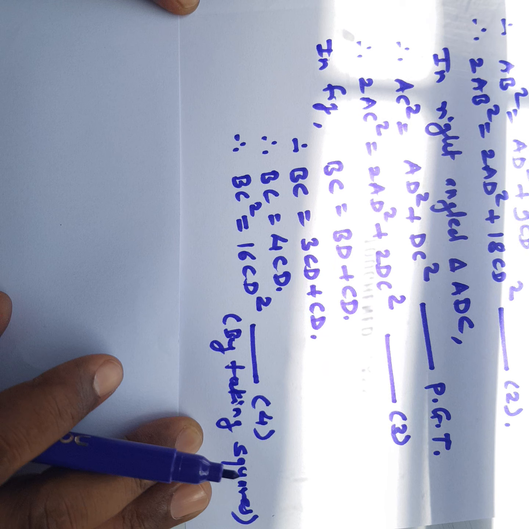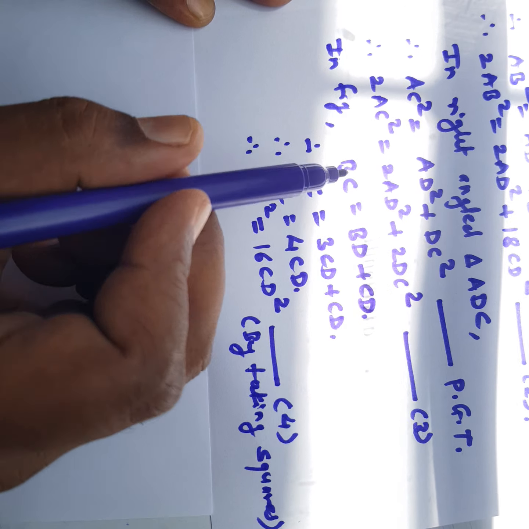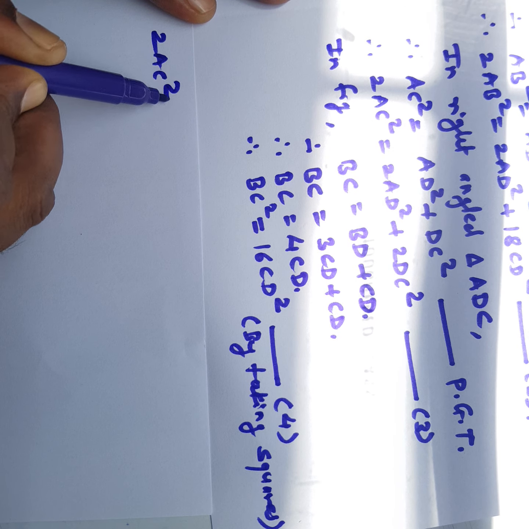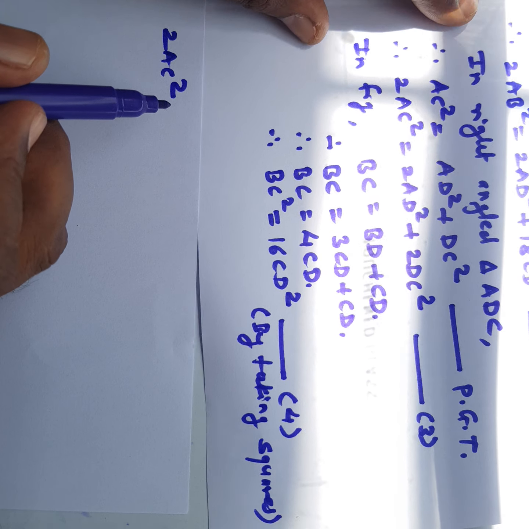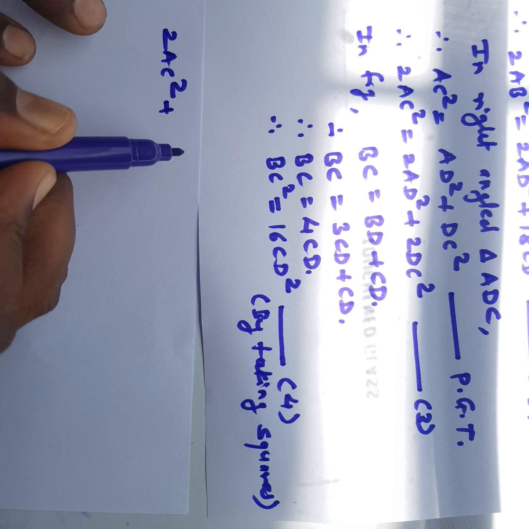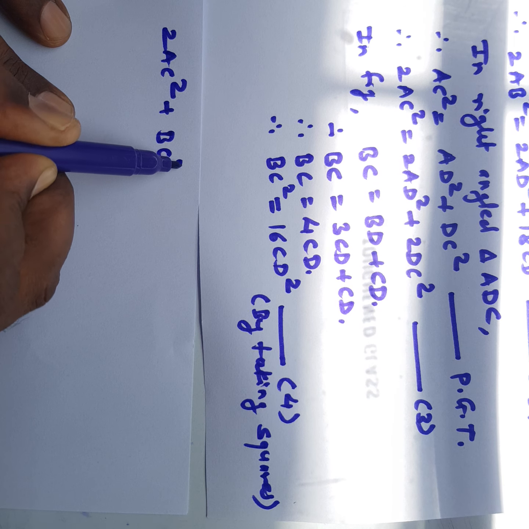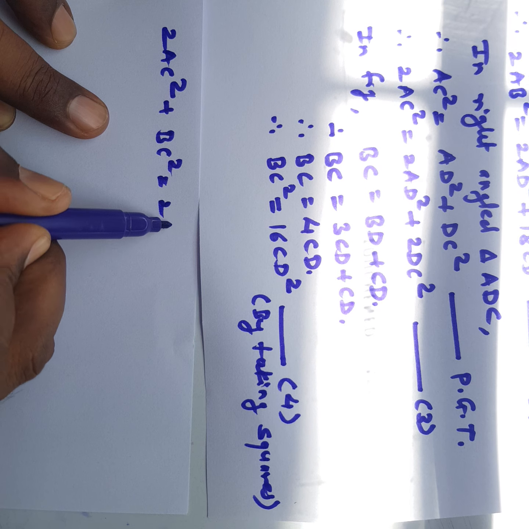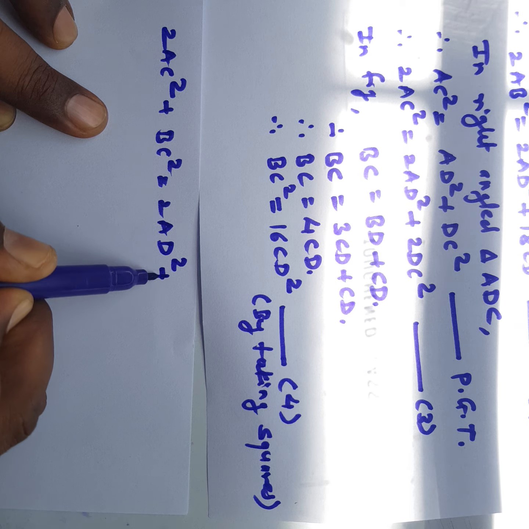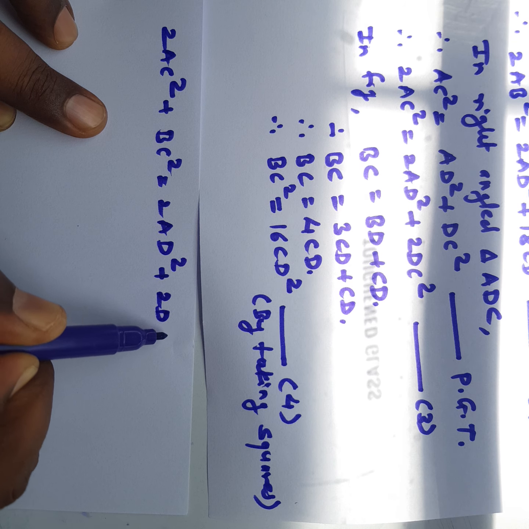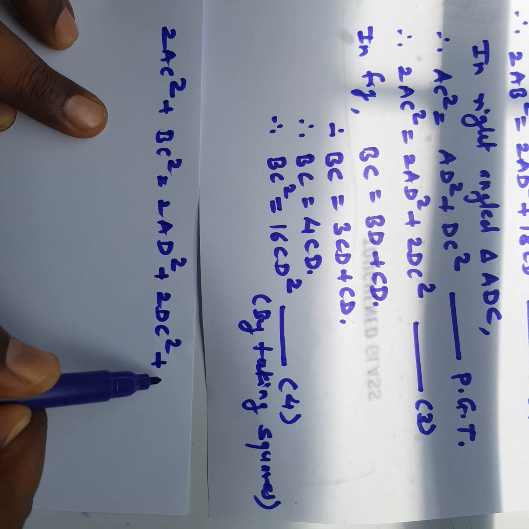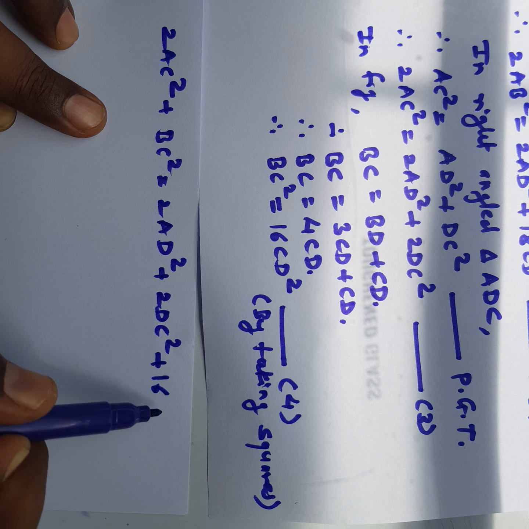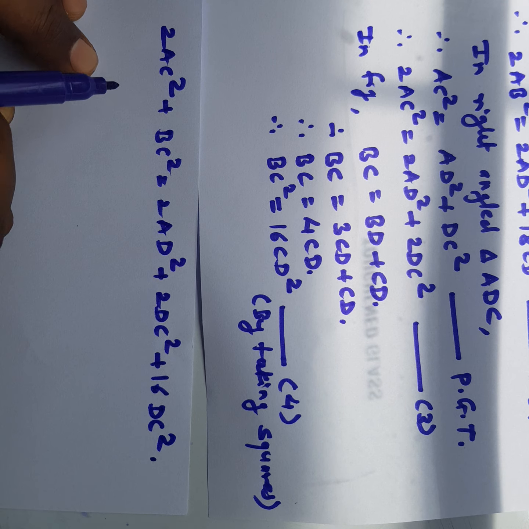Then we will add equations 3 and 4. Here equation 3 is 2AC square, and the left hand side of equation 4 is BC square, so 2AC square plus BC square is equal to 2AD square plus 2DC square plus 16CD or DC square.